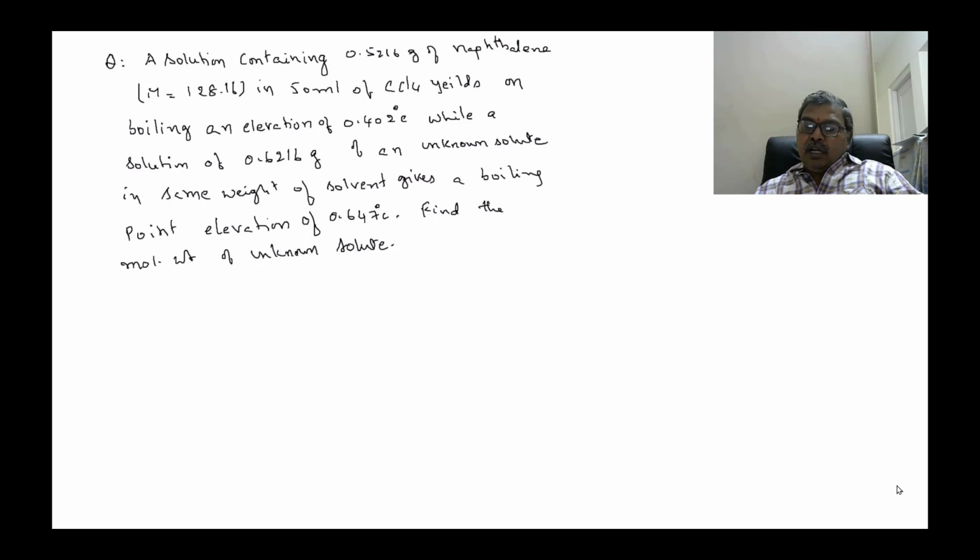See, delta Tb is equal to Kb into weight of the solute by molecular weight of the solute into 1000 by weight of the solvent. In both cases, carbon tetrachloride is the solvent, so Kb is the same. 1000 is a constant, and the weight of the solvent is also constant. Therefore, delta Tb is proportional to weight of the solute by molecular weight of the solute.